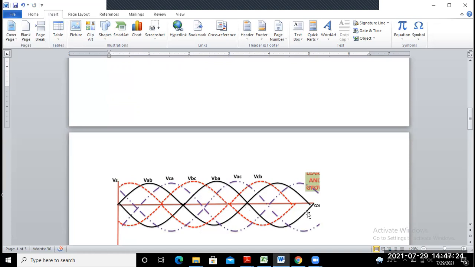Similarly, this red line represents the line voltage VBC, and if you want VCB, that is the opposite of this waveform, that means CB.